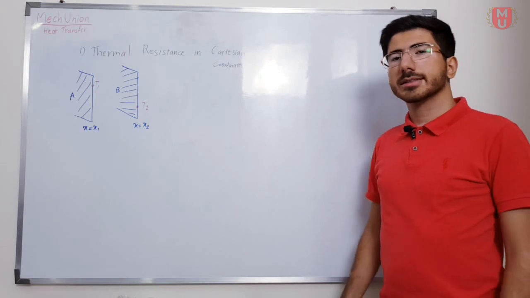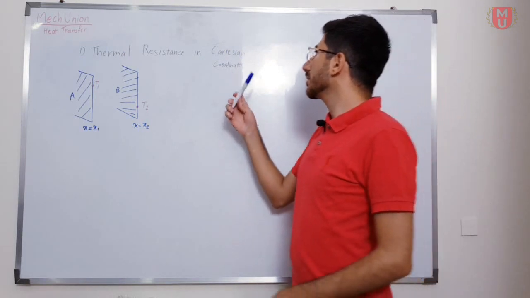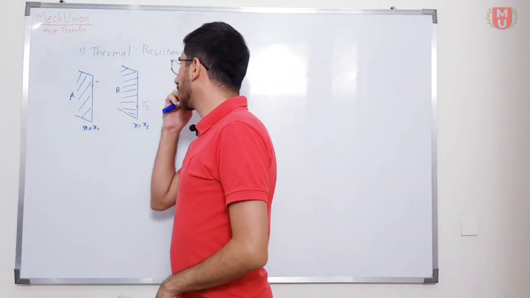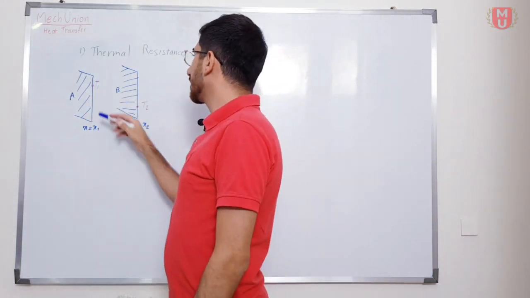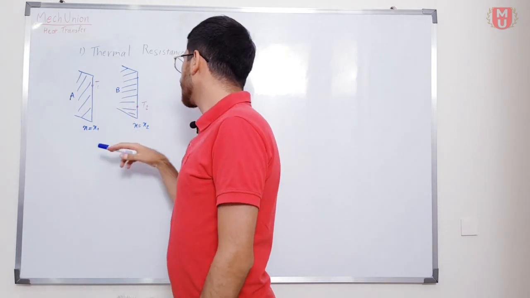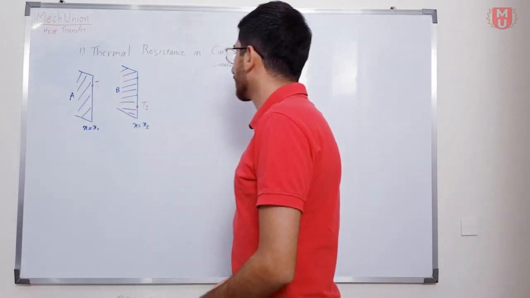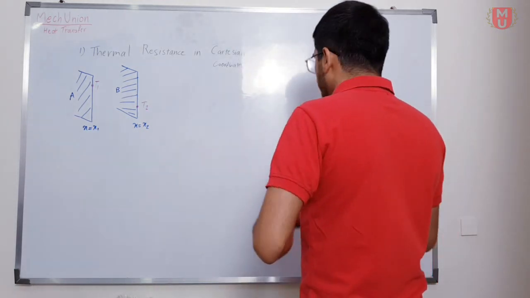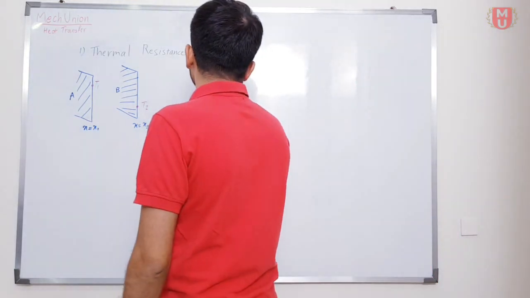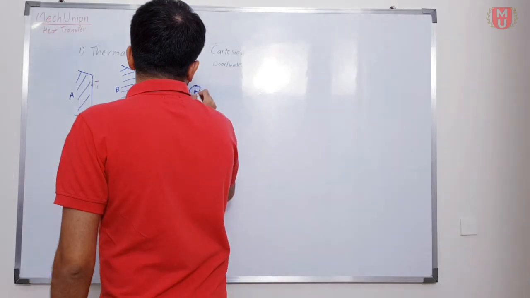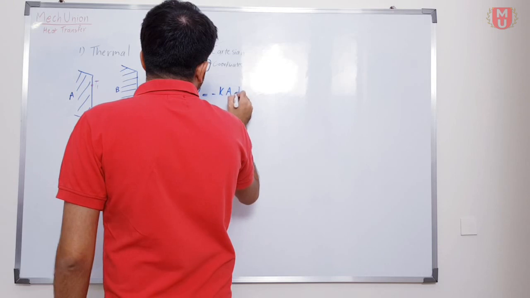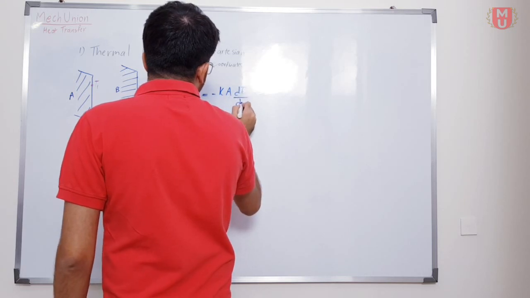First, thermal resistance in Cartesian coordinates. Consider these two walls with temperature T1 at X1 and temperature T2 at X2. We have Fourier's law that looks like this: Q equals minus K A dT over dx.